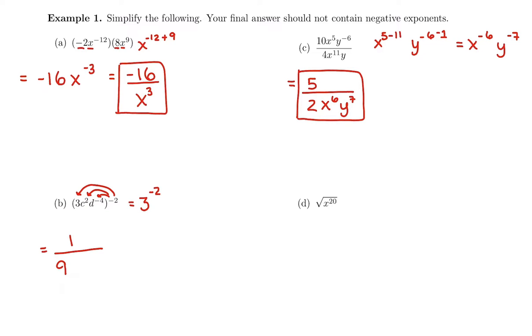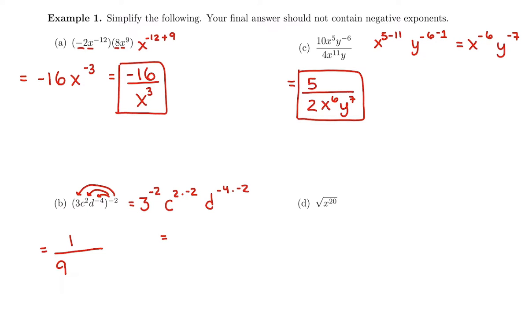So multiplying bases meant adding powers, dividing bases meant subtracting powers, and now a power to a power means multiplication. So I'm going to do 2 times negative 2 for that C, and then I have D to the negative 4 times negative 2.